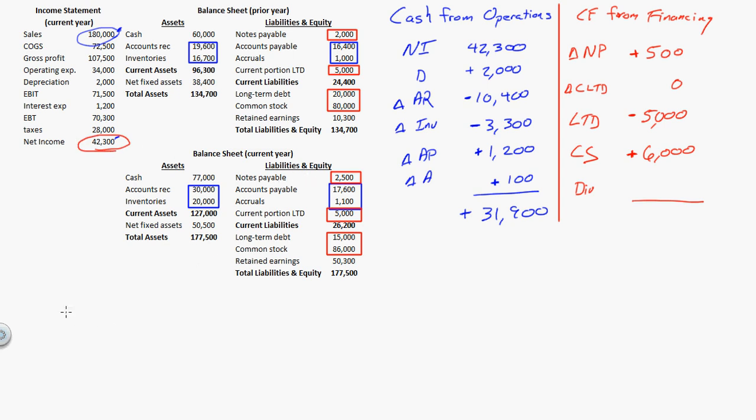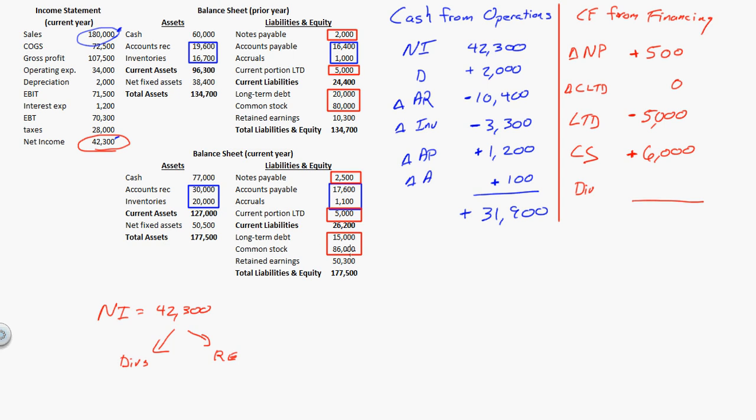I get to pay that out. My net income is $42,300. Now I can, if I want to, pay that all out in the form of dividends to my shareholders, or I can put it back in the company as retained earnings. So that's a choice I have to make as the CEO of the firm.